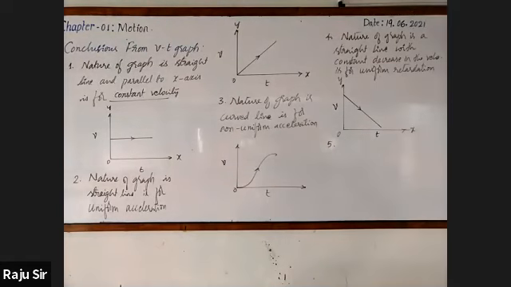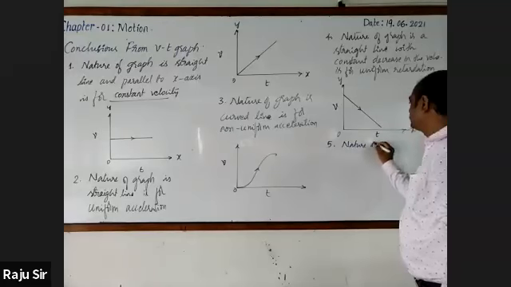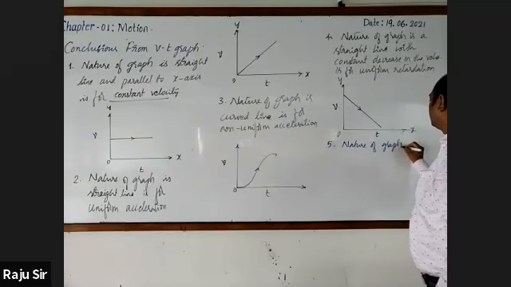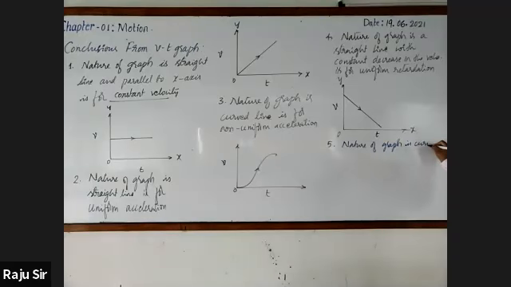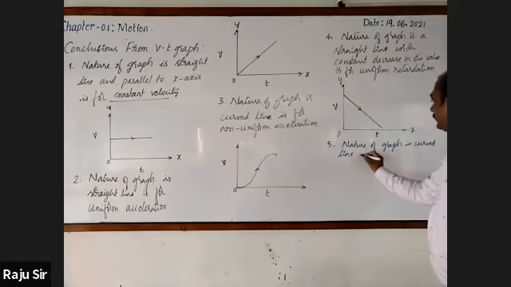Fifth one. Nature of graph is curved line. Curved line with non-uniform deceleration.